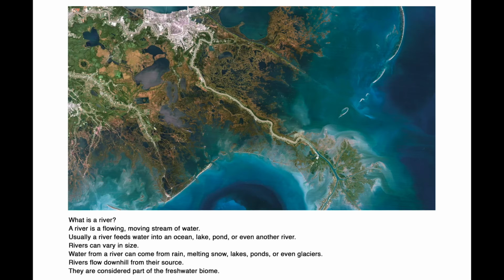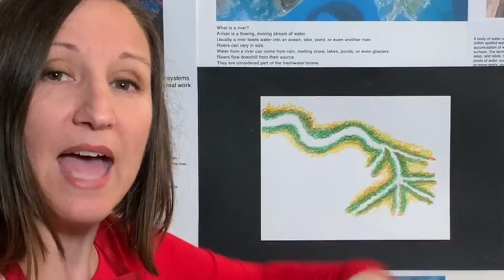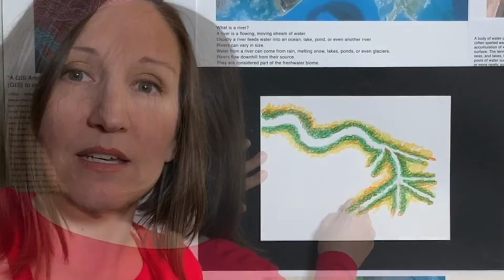And that's how we end up with land that grows. Did you know that land can grow just like we do? Well, it's because of those rivers. Those rivers carry all that soil down to the bottom where the mouth is, and it creates new land.